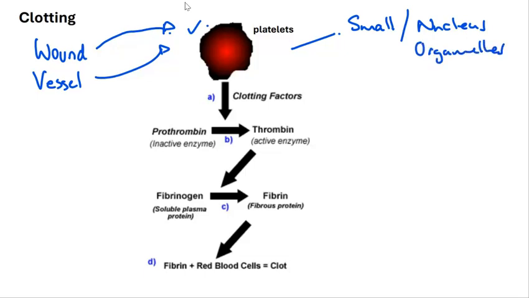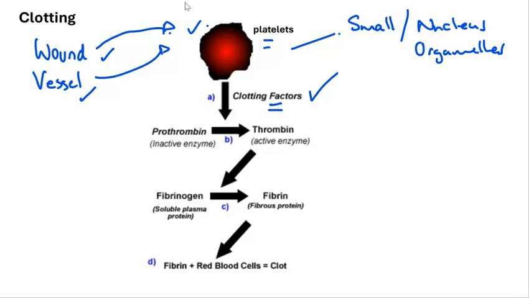But what the platelet can do is produce what are called clotting factors. So in response to the wounding signals or the damage to a blood vessel, the platelets release a clotting factor, and we're now going to enter into what is called a cascade of events. For the purposes of simplicity, we've reduced it to the ones present in the diagram, but there are actually multiple steps.